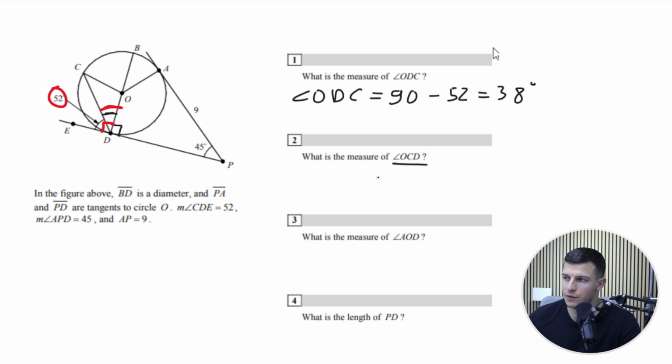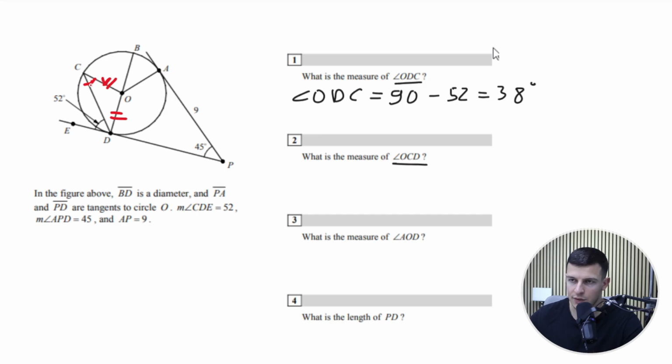What is the measure of OCD? Before they asked for ODC, now OCD. So let me get rid of some of this stuff. OCD is right here. So what do we know about triangle OCD? We know that OD is a radius, and OC is a radius, so this is an isosceles triangle.